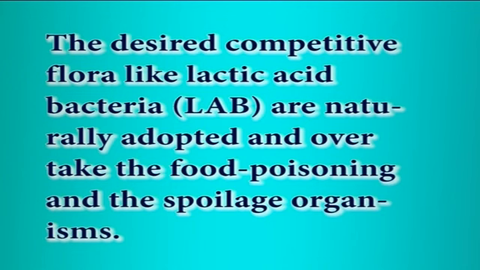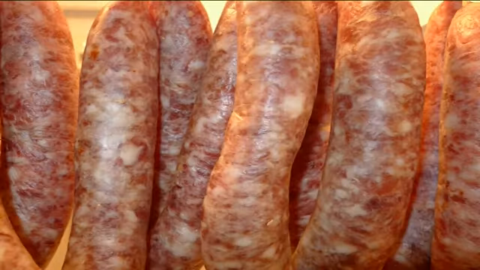The desired competitive flora like lactic acid bacteria are naturally adapted and overtake the food poisoning and thus the spoilage organisms. Hurdles in the beginning of the fermentation of salami and sausages are nitrites and salts, which inhibit many of the bacteria. However, LAB, which are naturally resistant to these hurdles, are able to grow and multiply.